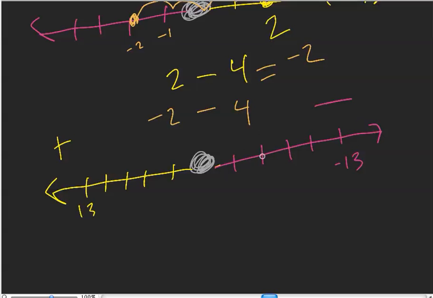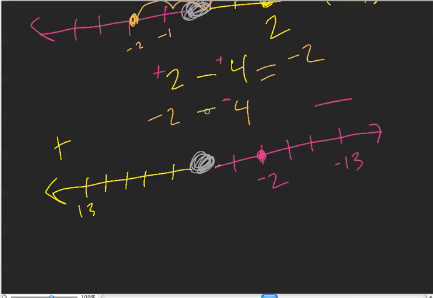Let's say I start at negative 2. I'm going to call this one here negative 2, even though it's not exactly drawn to scale. And I'm going to subtract 4 from it. I'm sorry, what I really want to do here is not subtract a positive number, but subtract a negative number. So it looks like what I did up here: I did plus 2 minus plus 4.